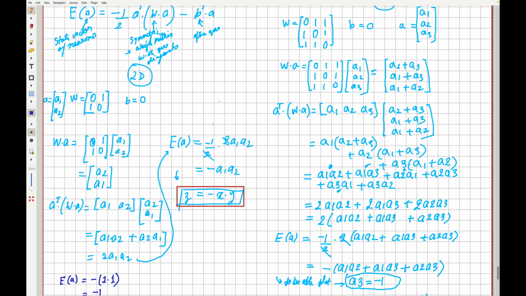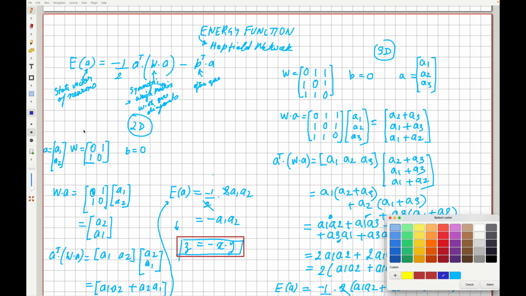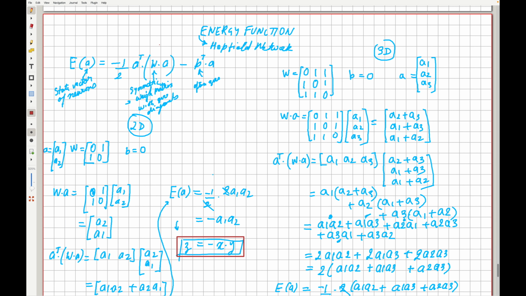Before we end this video, one last point. You're probably wondering why we calculate the energy this way, where we have W transpose A. W transpose A, we already are familiar with this. This gives us the magnitude or local values for each neuron.